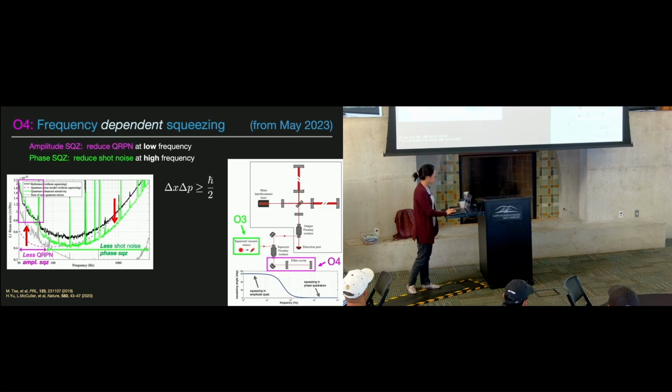So what we do is we reflect the squeezed light beam off this filter cavity. The filter cavity profile in reflection is effectively producing this. When you're on resonance of the filter cavity, you'll see a 90-degree resonant phase shift. When you're off resonance, you'll just see a full phase shift.